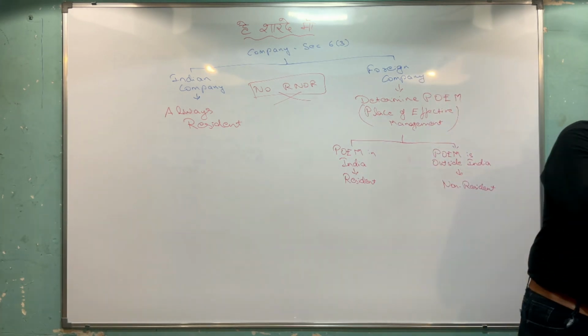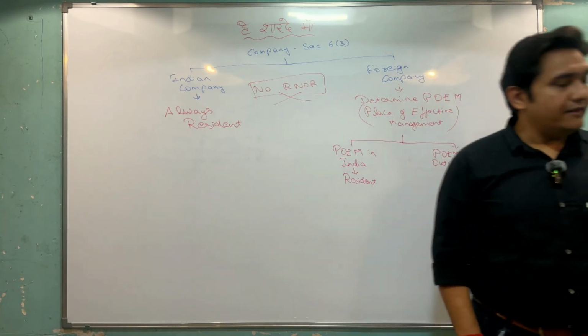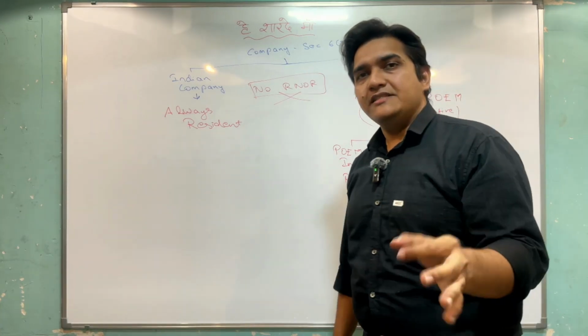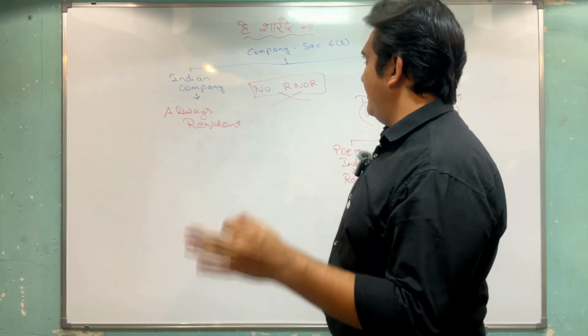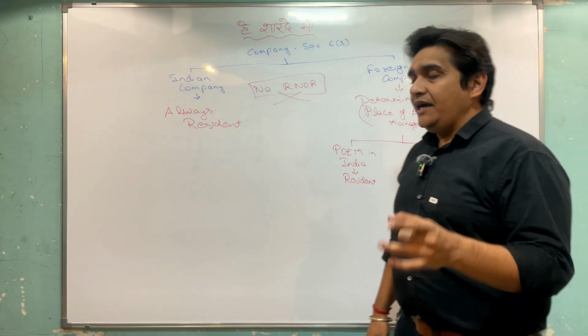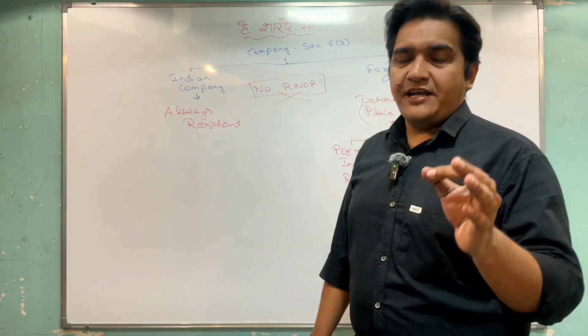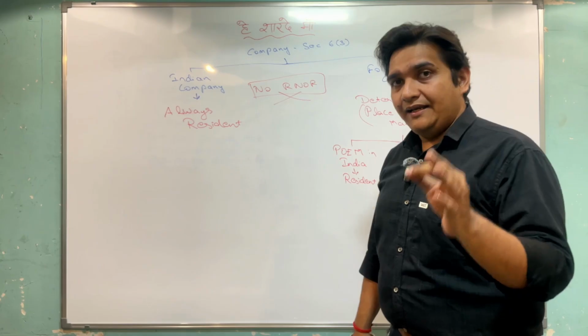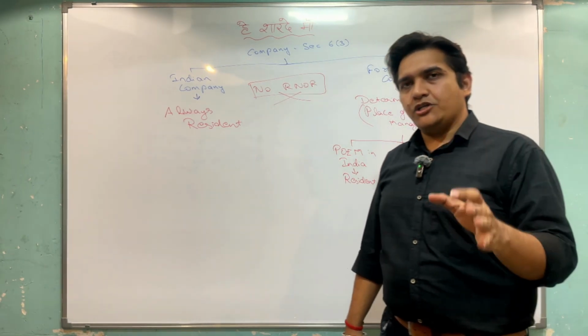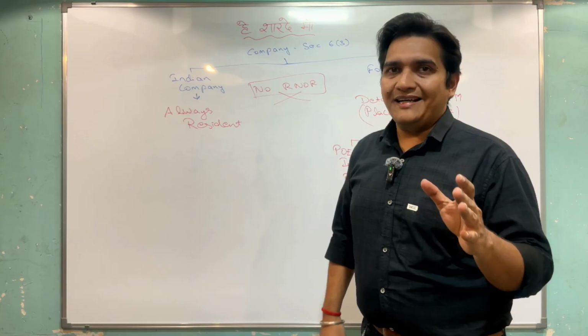So this ends our topic on residential status. Our Section 6 is now covered. In the next class, we will start with scope of total income, Section 5 of income tax. Please remember, these are the basic structure or the roots of income tax law.